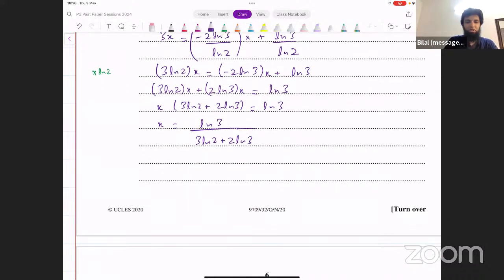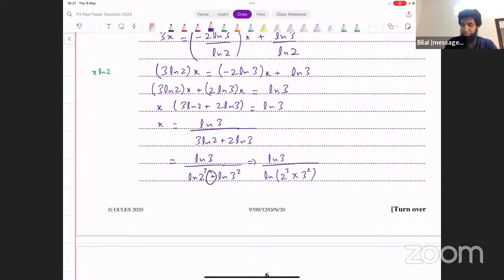We can use the multiplication law, but for using the multiplication law, we need to get rid of this 3 and this 2. How can we do that? We can take them to the powers. ln 3 over ln of 2 cubed plus ln of 3 squared. And that is going to become ln of 3 over ln of 2 cubed multiplied by 3 squared, right?